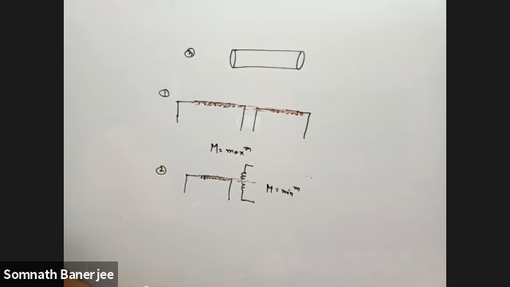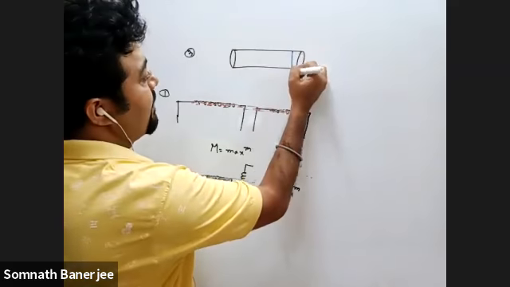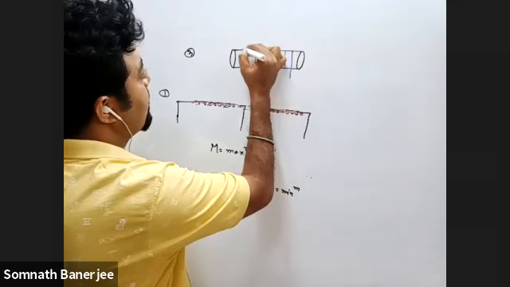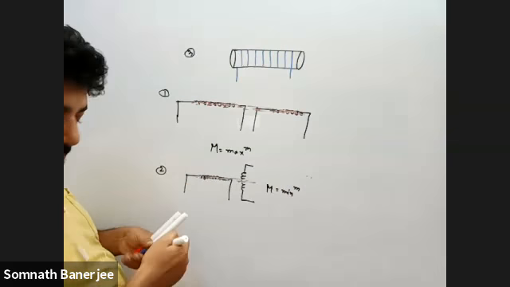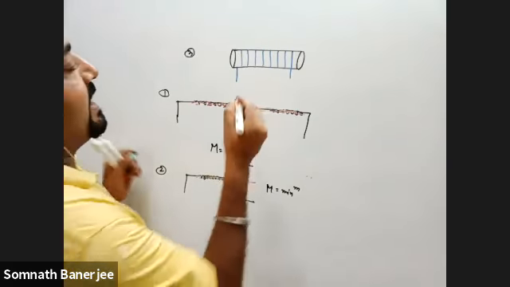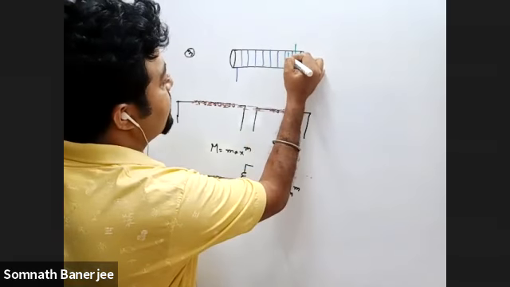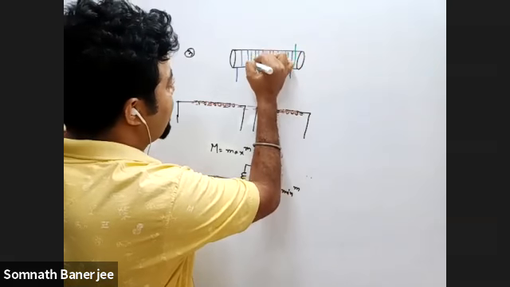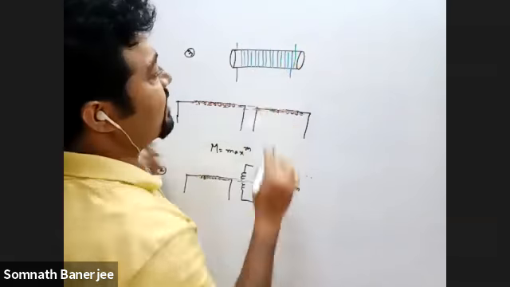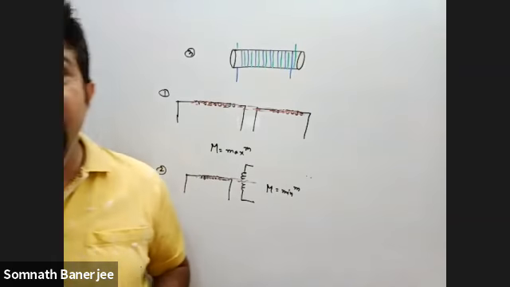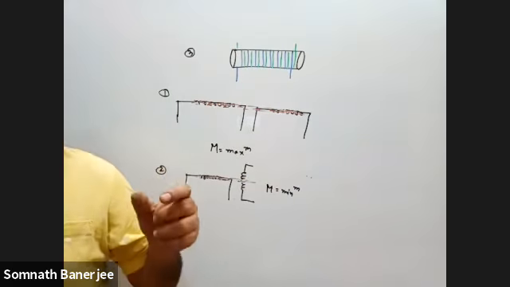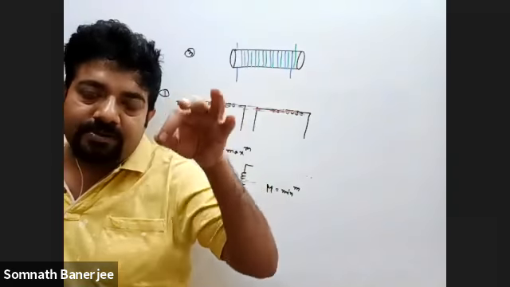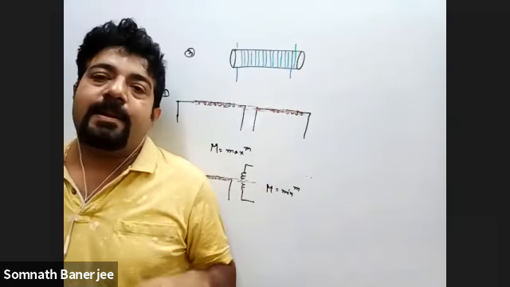Instead of two coils, if we use one coil, and if we wrap the secondary coil like this, and in between that, we put the primary coil exactly in between the two secondary coils, then what happens?